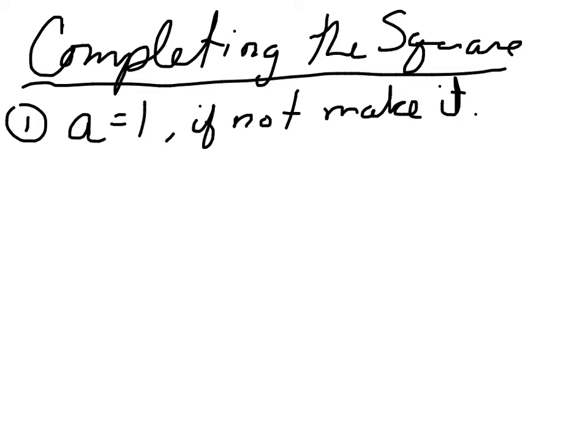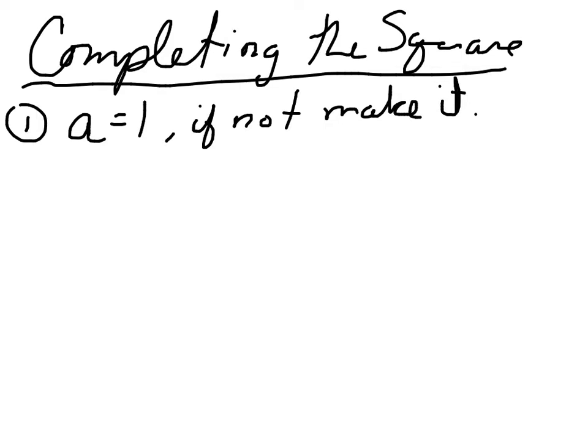The number in front of x squared needs to be a 1. If it's not a 1, you need to make it, and in order to make it, divide everything by whatever number is in the a. So if it says 5x squared, you divide everything by 5. If it says 2x squared, you divide everything by 2. And if it just says x squared, we're good to go. So that's the first step.